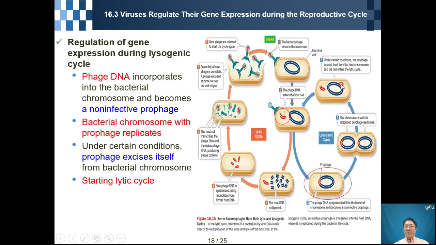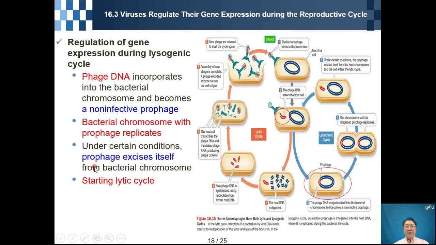However, this procedure we call the lysogenic cycle. They are in a non-infective status, incorporated into the bacterial chromosome. Usually the bacterial chromosome with the prophage is replicated, 1 becomes 2, 2 becomes 4.